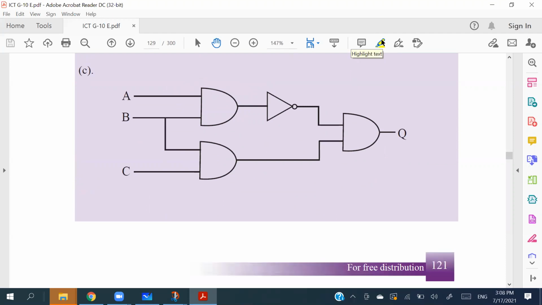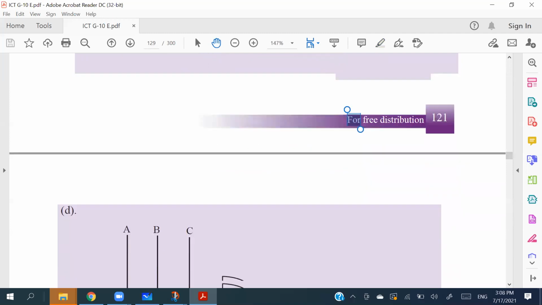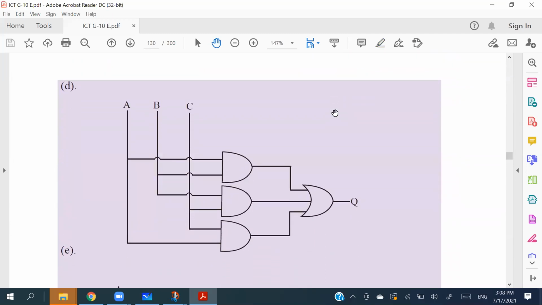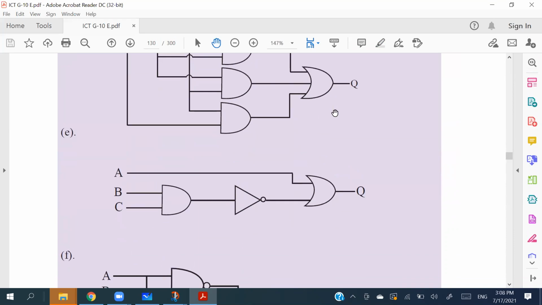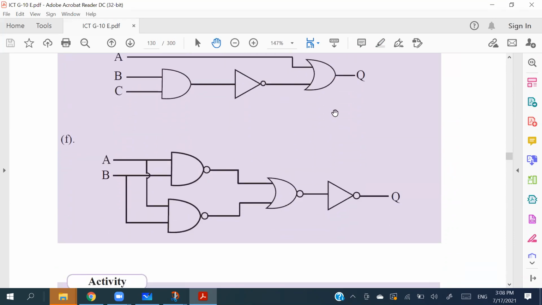Yes, third one is correct. The fourth one, yeah, that's correct. The fifth one is also correct. Good. The sixth one, okay, all right. Yes, very good. Only the second one went wrong. Just go through that.